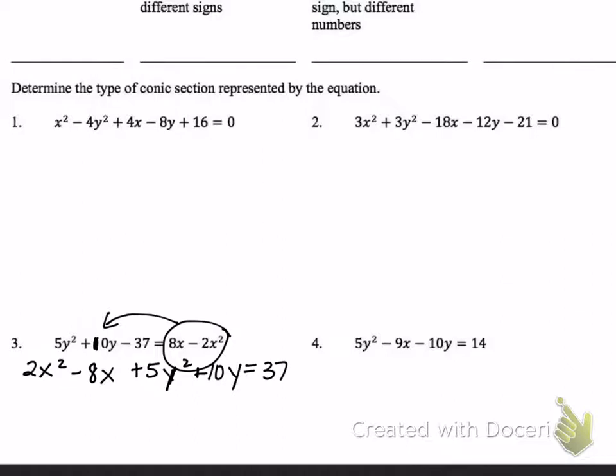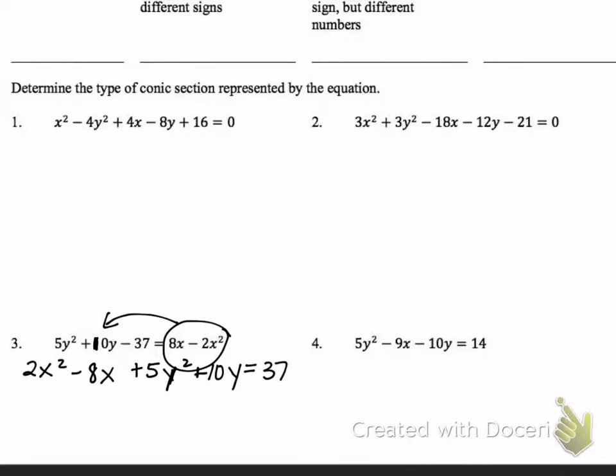So put it in this form first before you decide what type of conic it is, because on the right side it's negative, so I would think, oh, they have different signs. But when I put them on the same side of the equation, they're the same sign. That's going to end up changing what type of conic you think it is.